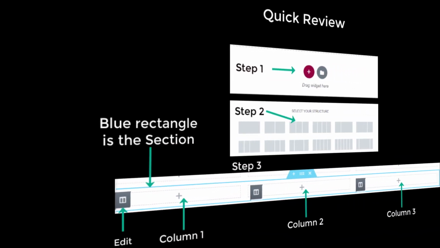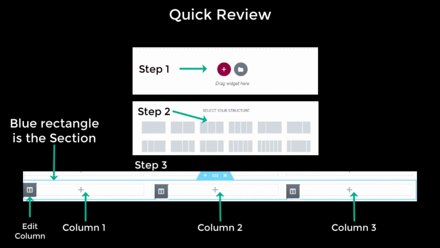Okay, so let's take a little break and go through a quick review of the Elementor layouts and how sections, columns, and widgets are used. So as you can see in this review, step 1 would be we click on the plus sign. And then we're going to get step 2, which is select your structure. So here we can select how many columns do we want.